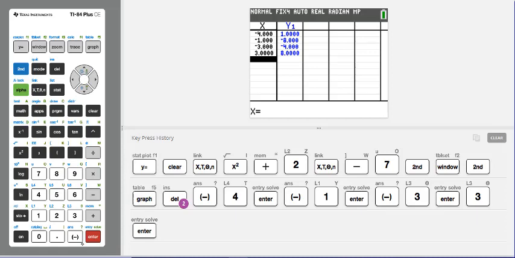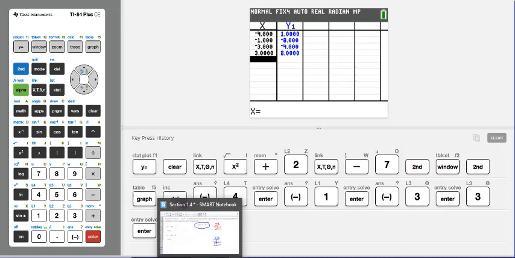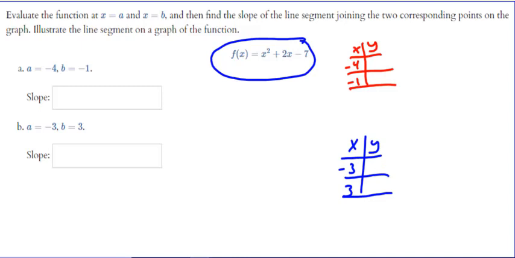Alright, so now we're going to go back and write these in. So there's 1, there's -8, here's -4, and here's 8. So we're going to look at changing x and changing y. From -4 up to -1, that'd be a positive increase of 3.